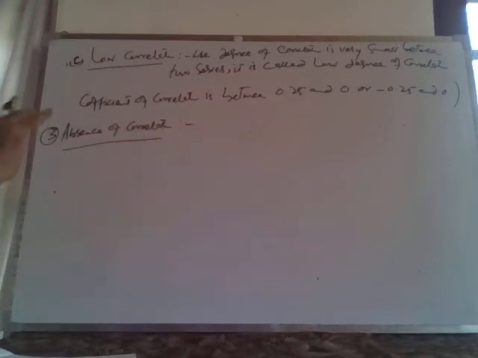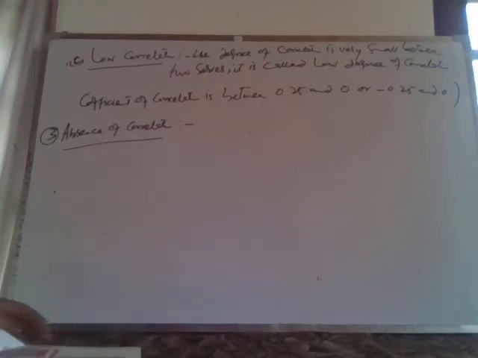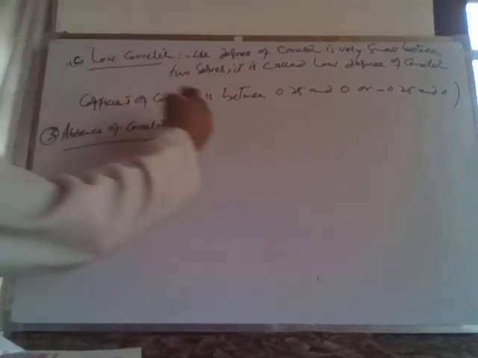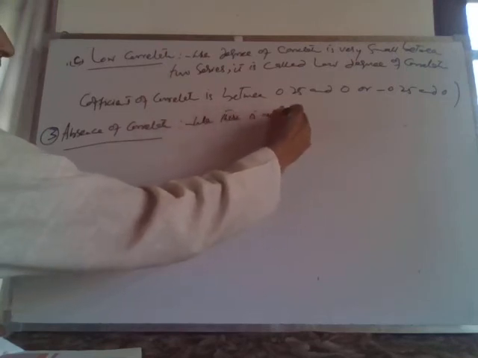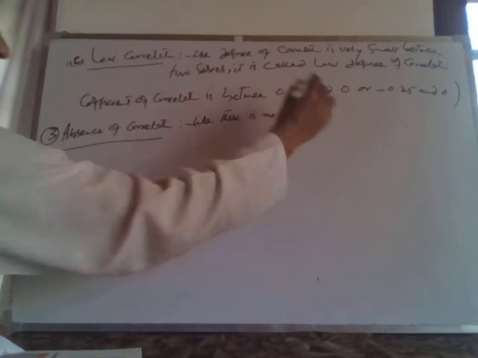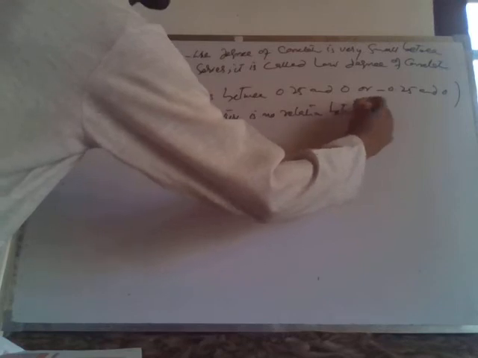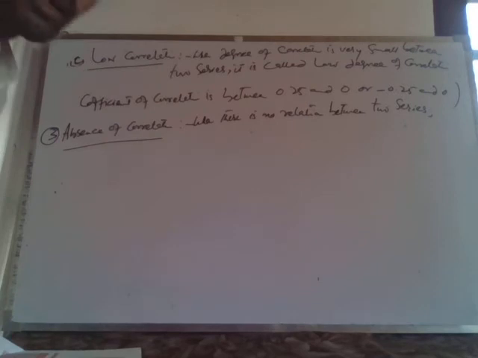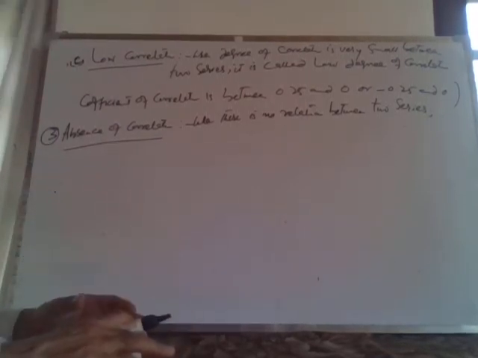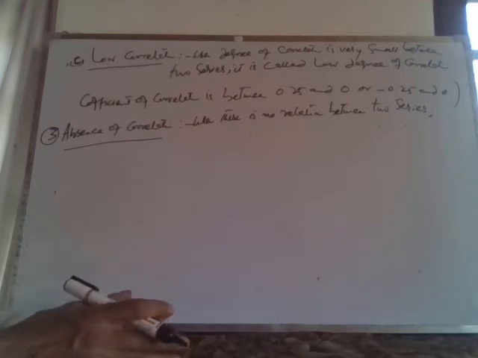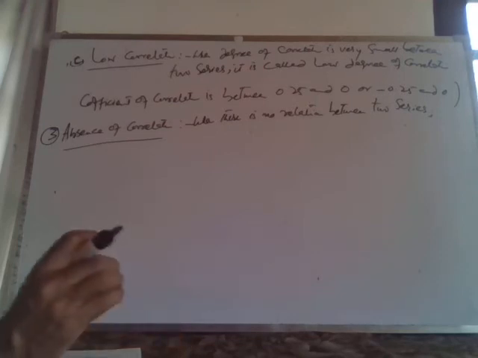When no relation exists between two variables or two series, कोई रिलेशन नहीं है. एक बढ़ जाता है दूसरा भी या बढ़े या घटे, कहीं बढ़े कहीं घटे विद इन द रिलेशन. तो एक का असर दूसरे पे कुछ नहीं है.